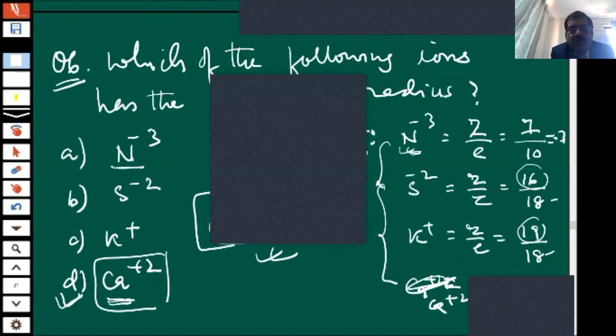Please show number 2 once. Number 2 is S minus 2. It is having 16 Z, but electrons are 18. N contain 2 cells only. But it becomes anion.